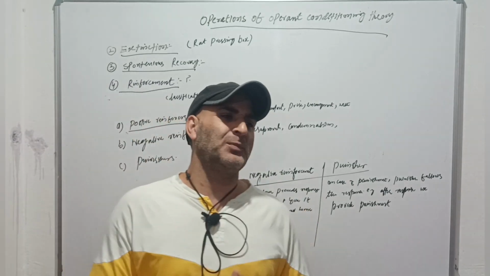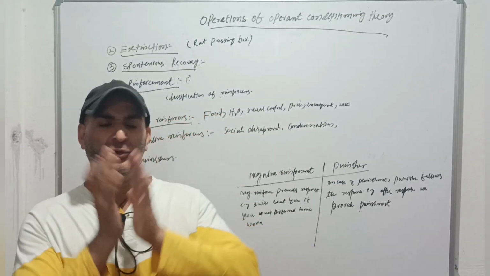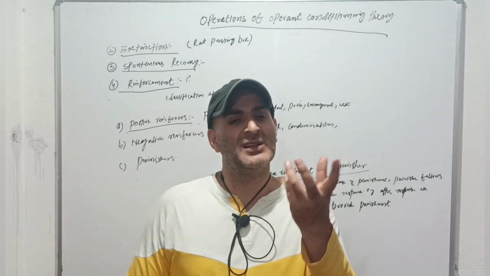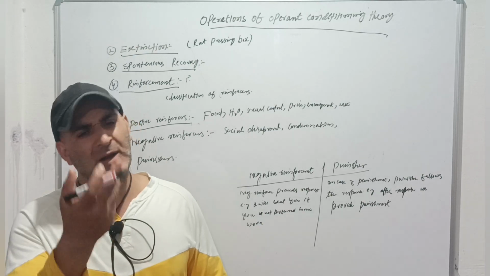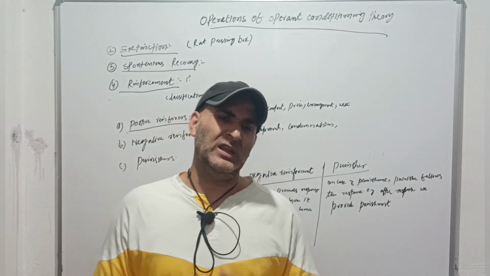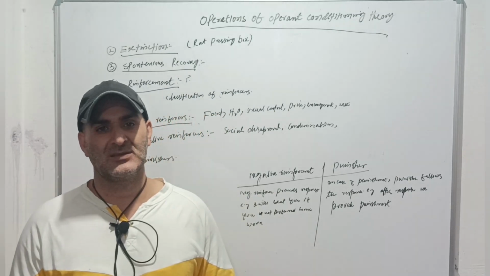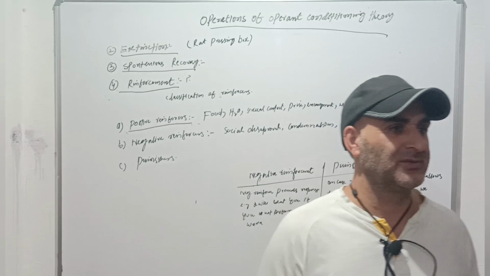Now, what are the pleasant type of stimuli? Pleasant type of stimuli means the things which will give the pleasure to the organism. For example, food is the positive and pleasant stimulus. Water is the positive reinforcement.